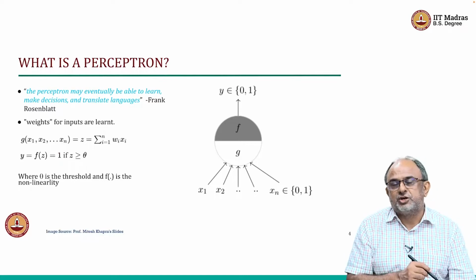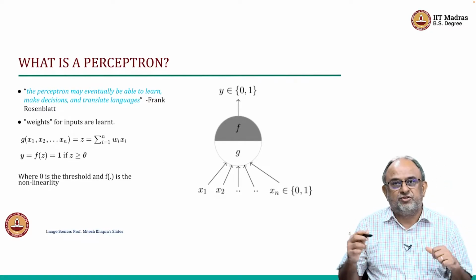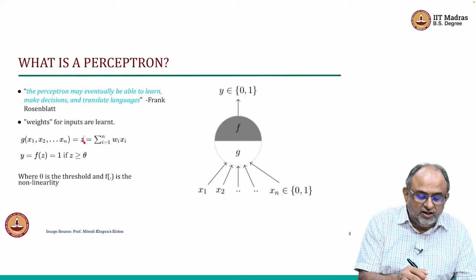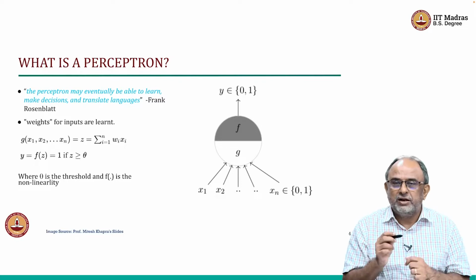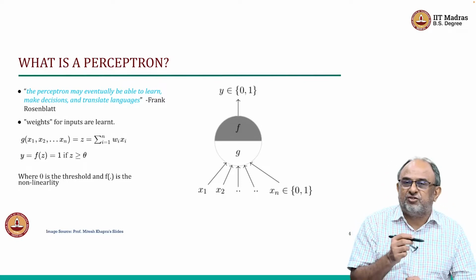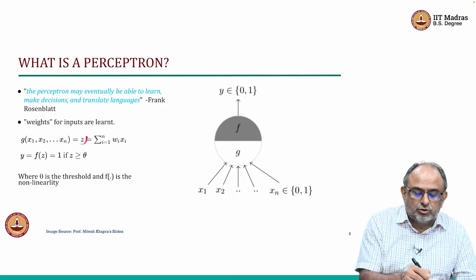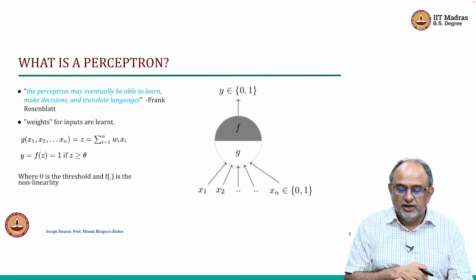If it is below the threshold, it will be 0. So the output Y will be only two quantities, 0 or 1. Whenever Z is above a certain quantity theta, it will be called 1. If it is below, it is 0. So Y has only two values, 0 and 1. Z could take any values, but now that whole thing has been transformed non-linearly to Y.